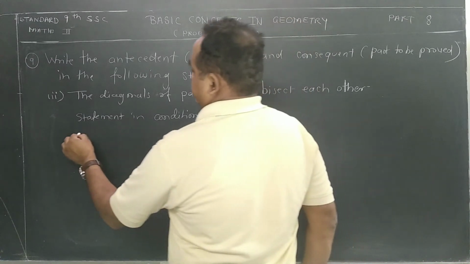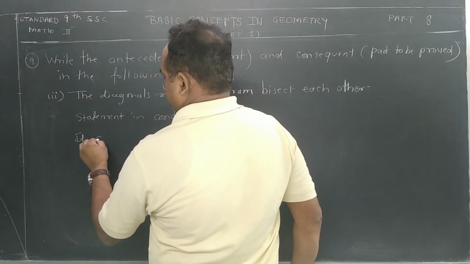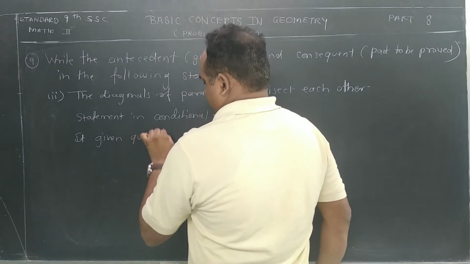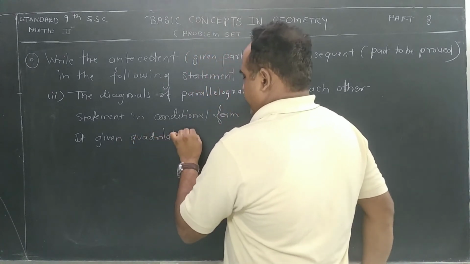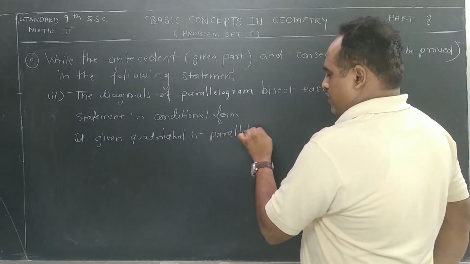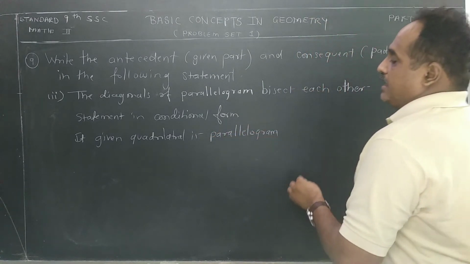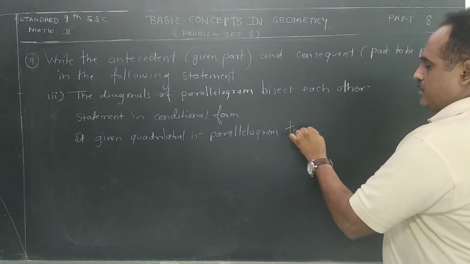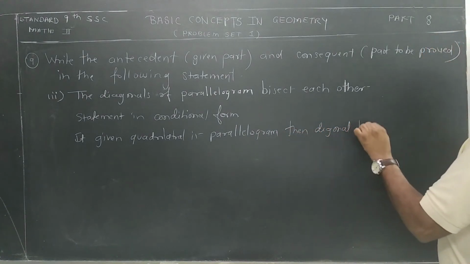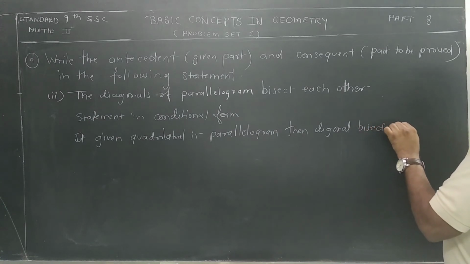So what can you write? If the given quadrilateral is a parallelogram, then its diagonals bisect each other.